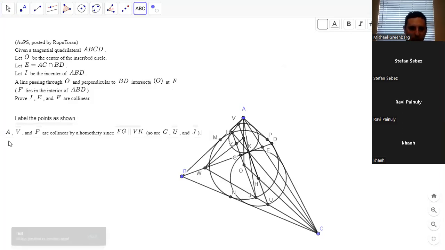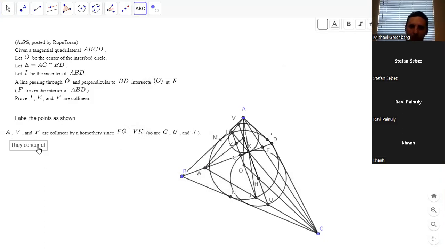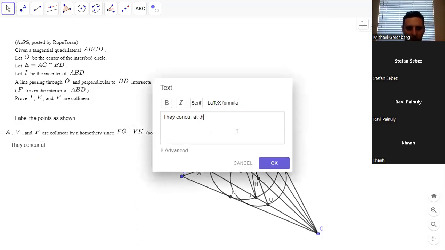I'll say they concur at the touch points of the A and C excircles of triangles ABD and CBD, which is a point W lying on BD.